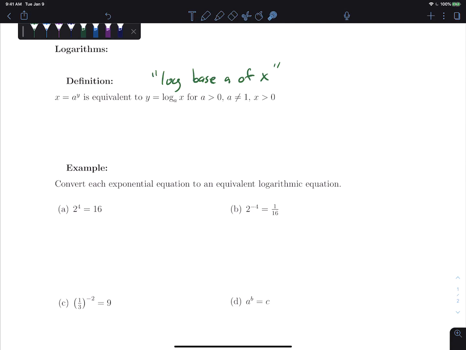Now, the reason that that's important is, if we have x equals a to the y power, the base that you see right here is the same thing as the base that you see for the logarithm. So that's base a, that's base a.